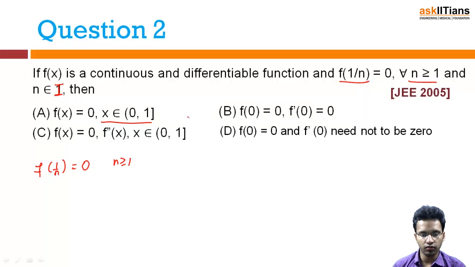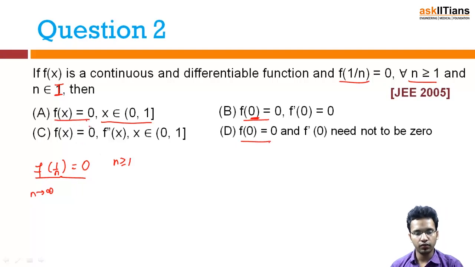Then we have to think. The first thing we should do in this question is find f of 0: as n tends to infinity, obviously that will be 0. So f of 0 will be equal to 0, either this or this. Now for this type of question, the main thing is which option we should select.